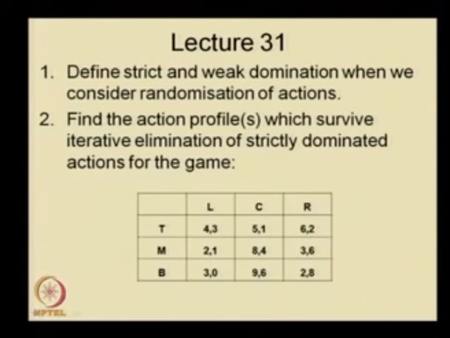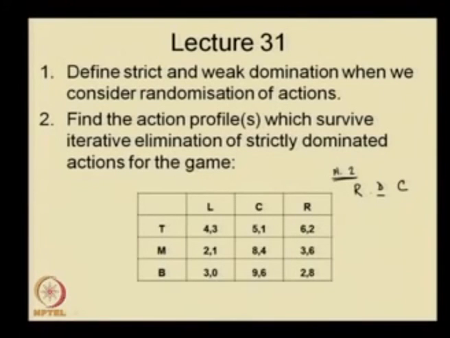We find that in the first round, player 2's payoff from R is always greater than player 2's payoff from C. So, we write it as R strictly dominates C.